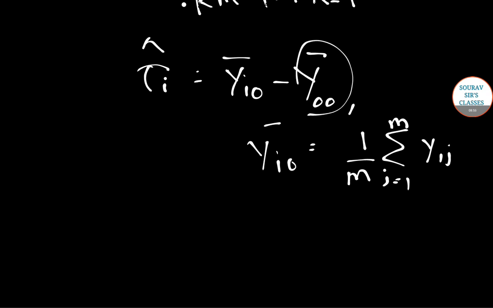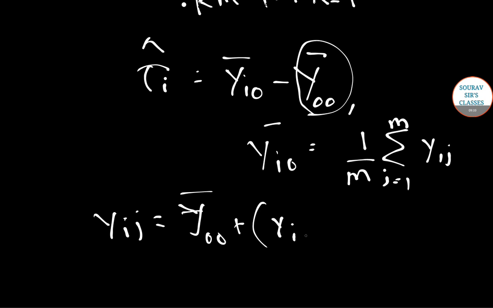Here, this y double naught cap is the grand sample mean, where yi naught cap is the mean of the ith factor level.